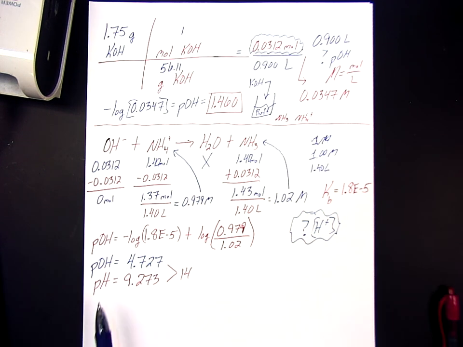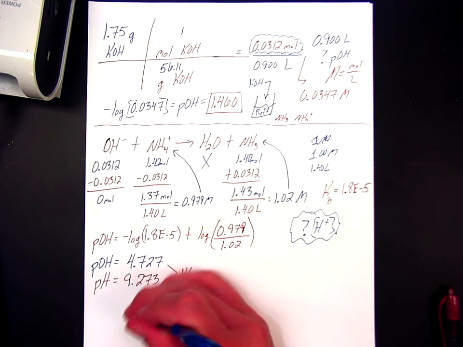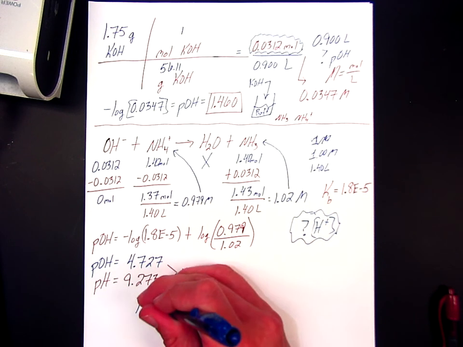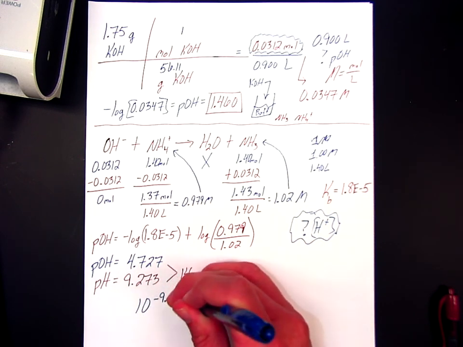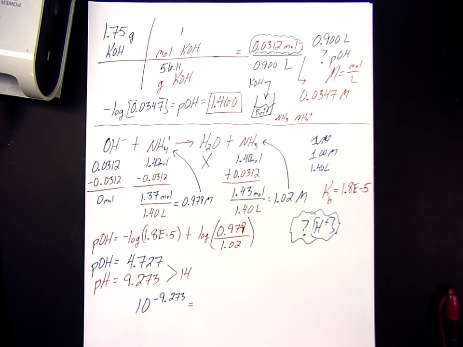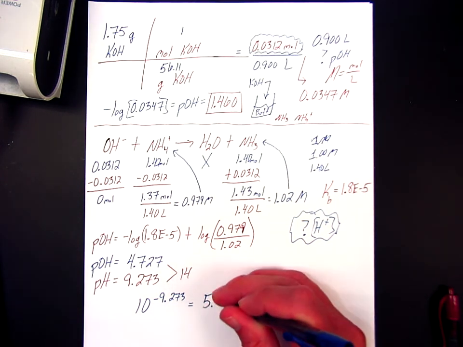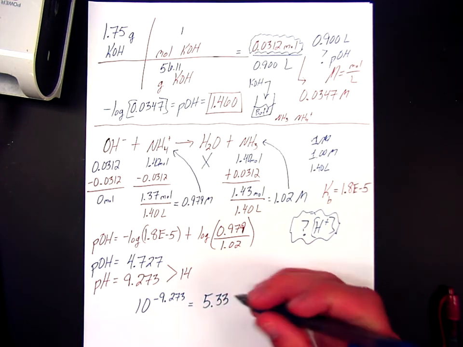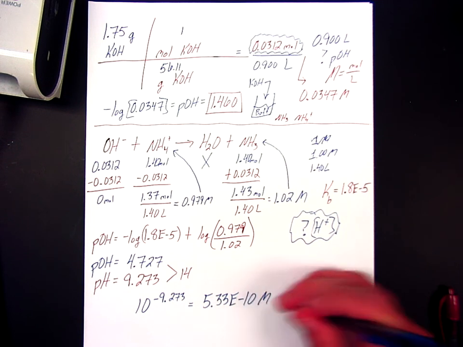And then, of course, my trick for getting from pH to H+ is to go 10 to the negative pH. And that's going to give me a final answer of 5.33 E negative 10 molar.